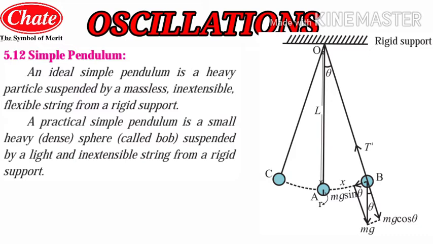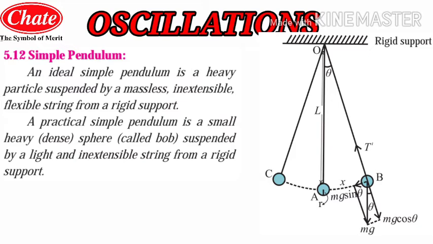So these two forces act on the bob. At the extreme position there is no net force along the string, but the component of mg is balanced by the force due to the tension.